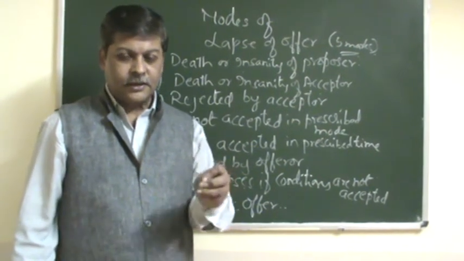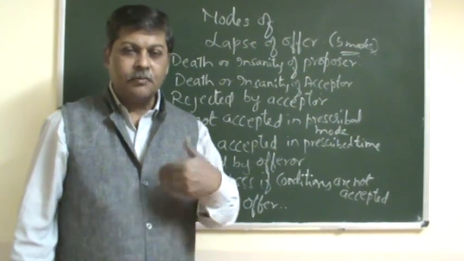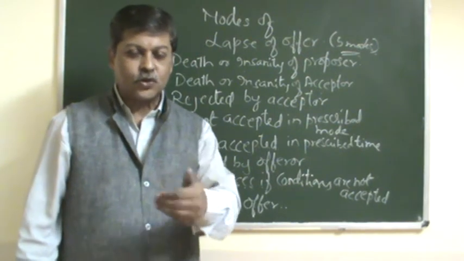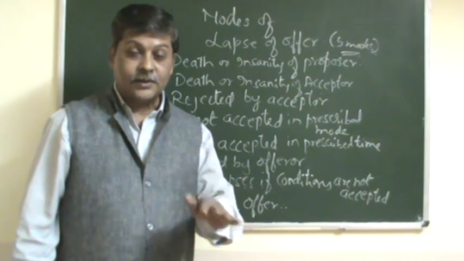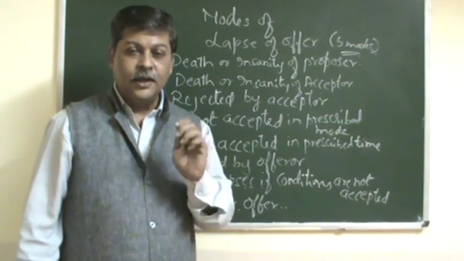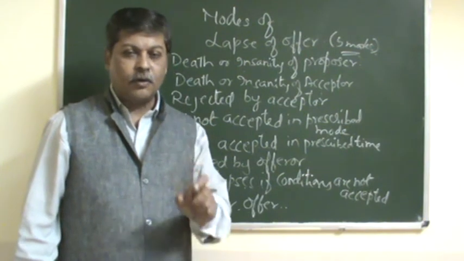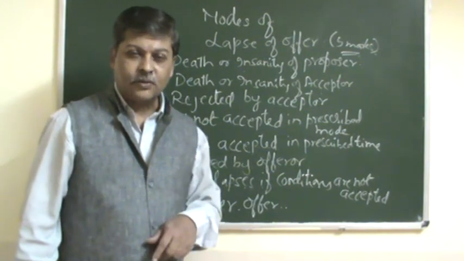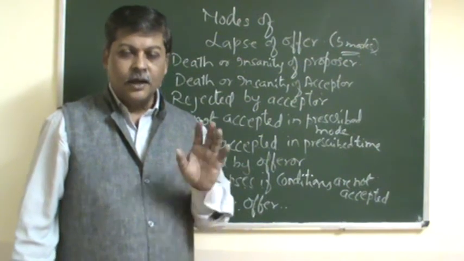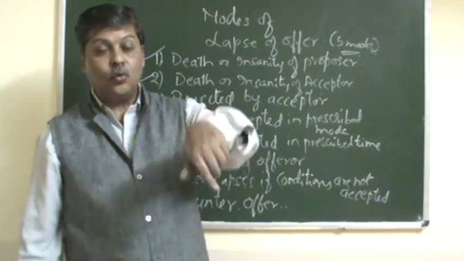Now the same example we take. X has made a proposal to sell his car for 2 lakhs to Y. Y has accepted and has sent his acceptance saying that he is ready to purchase the car for 1,75,000. So a modification is there, and that becomes a new offer.